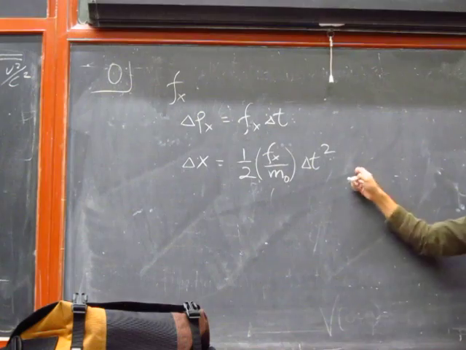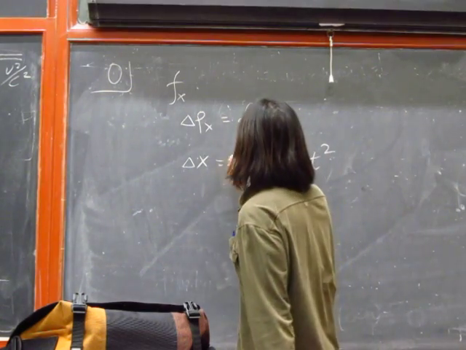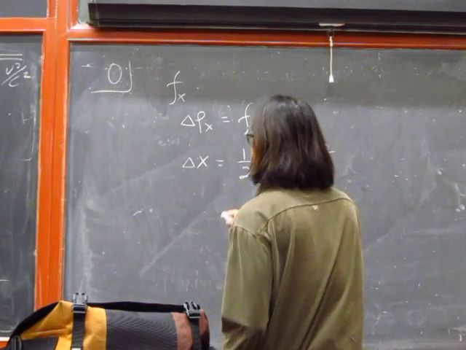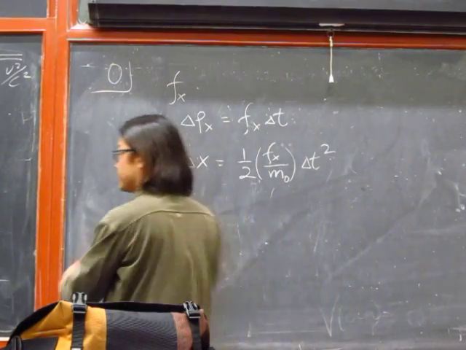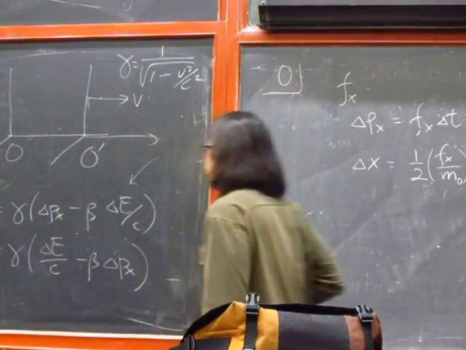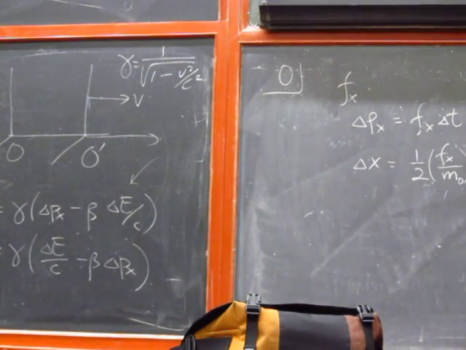Since we want to look at the transformation of the four-momentum, I need to know what delta E and delta p are in terms of the change in time.